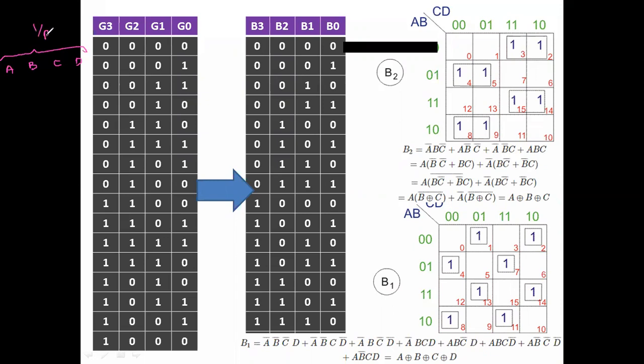My input is in gray form, so I am giving the gray code as input. And the obtained result for B4 is A, the binary 4 result in the Karnaugh map reduction. So I have written it like this.